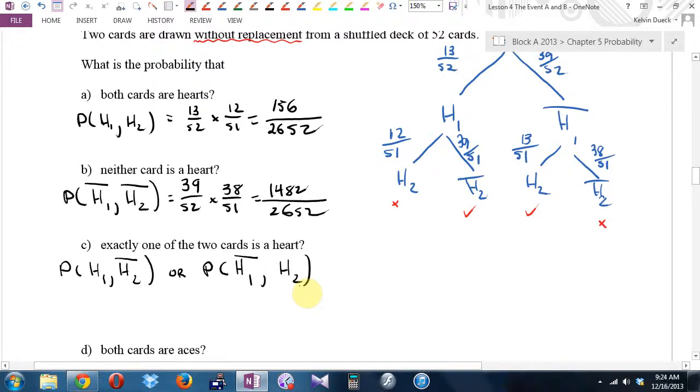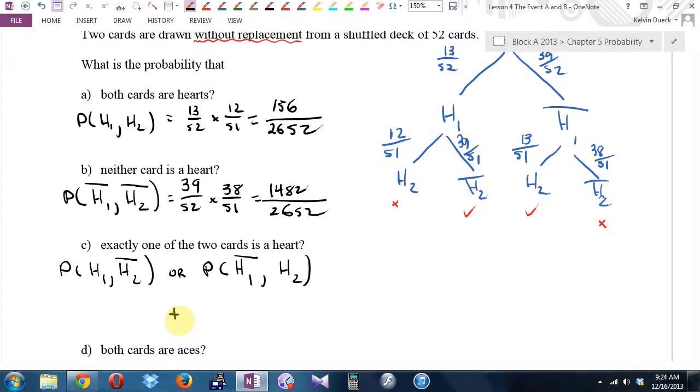Right? What does or mean? I'm building an expression here. What's the comma an abbreviation for? And? And what does and mean?